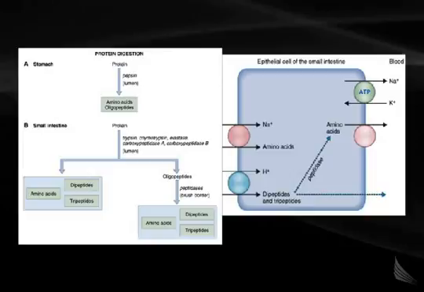In addition, di- and tripeptides can be absorbed and are broken down by intracellular peptidases. They can then be absorbed into the bloodstream in the form of amino acids, as shown in the right side of the diagram.